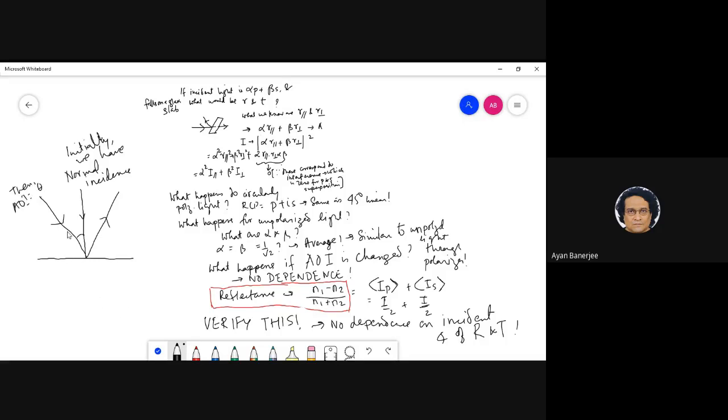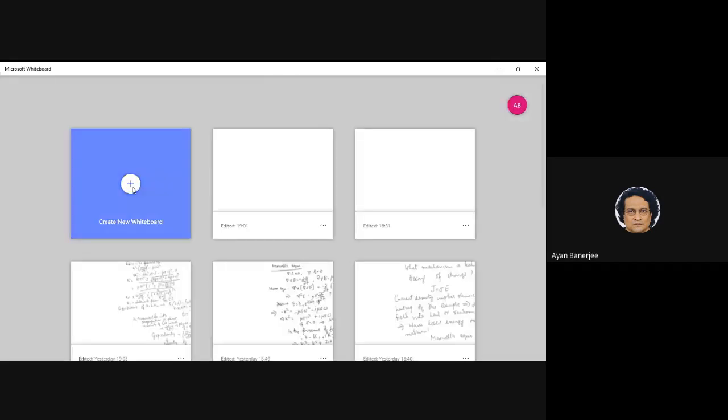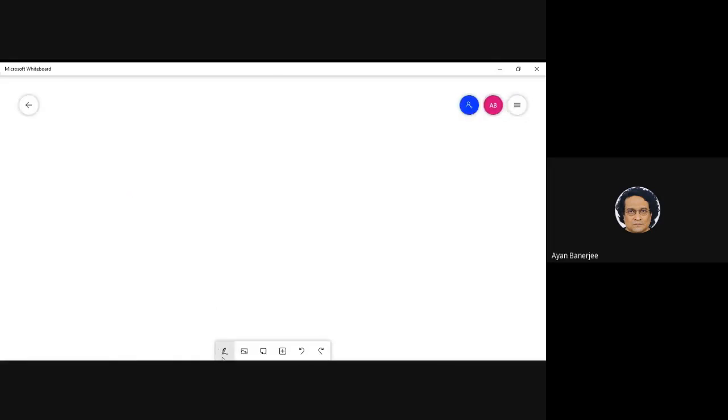What we are saying is that the reflectivity is independent of theta. Okay. Let me finish today's discussion by inviting you to try this out.